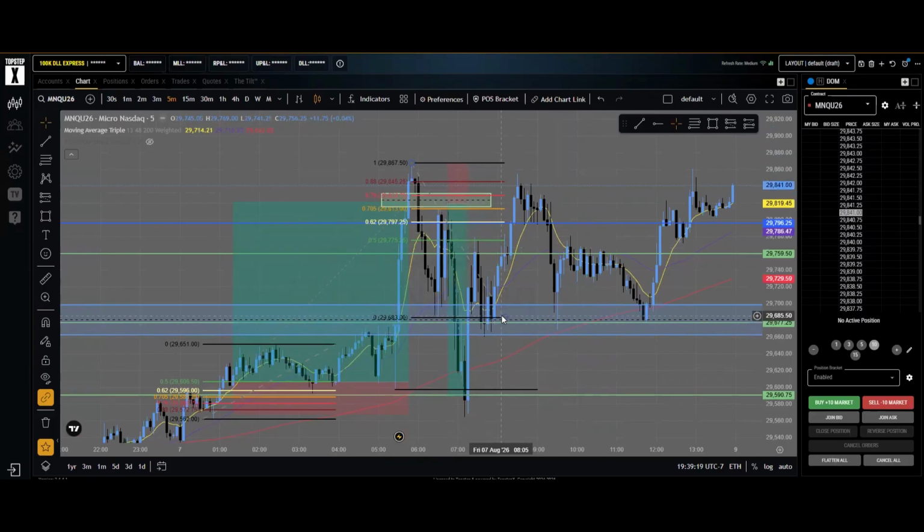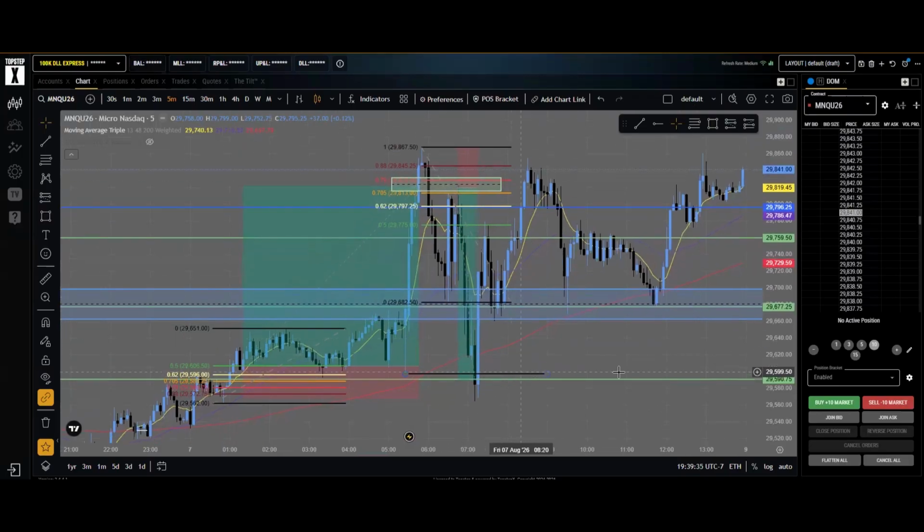So I took the fib after the IFVG, trailing, waiting for a pullback, which was also between the 0.705 and the 0.79 of OTE. Took the trade, flushed right through, hit the data wick, pushed up higher.